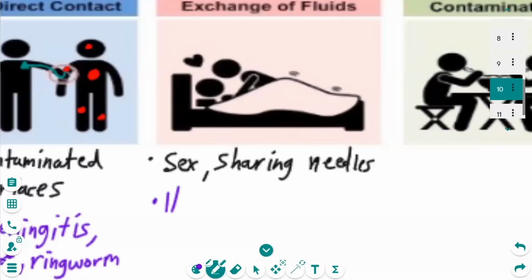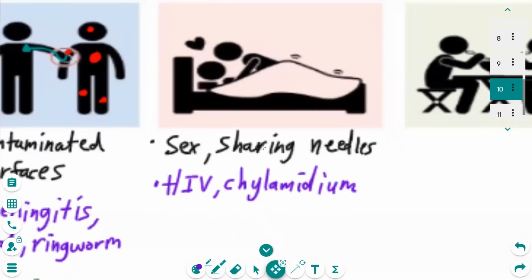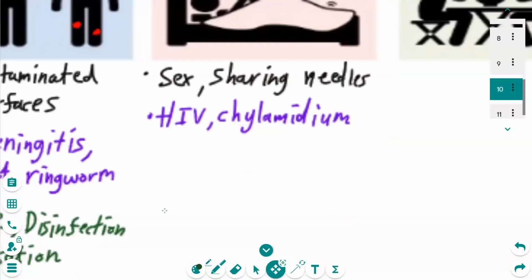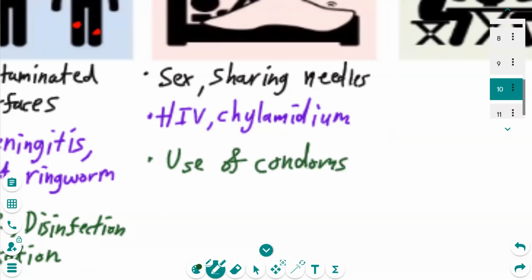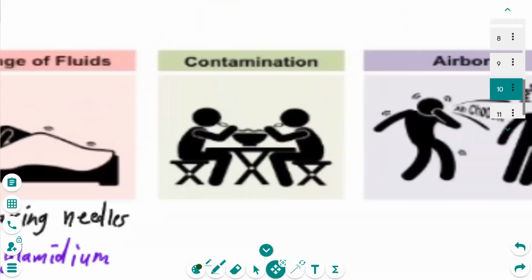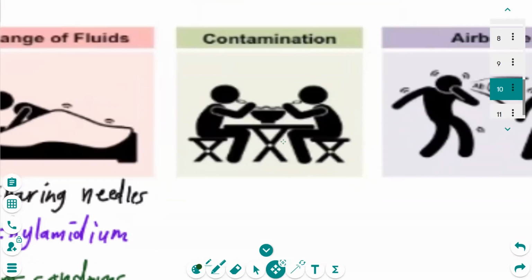Example of this is mainly HIV, and chlamydia is another one as well. So prevention of this one is use of condoms mainly.